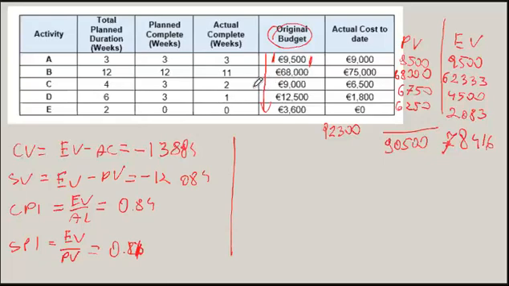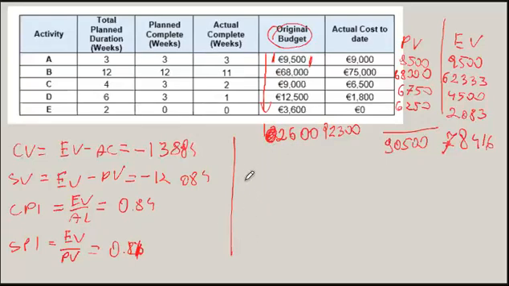So the total budget is 9,500 plus 68,000 plus 9,000 plus 12,500 plus 3,600. So the budget at completion is 102,600.